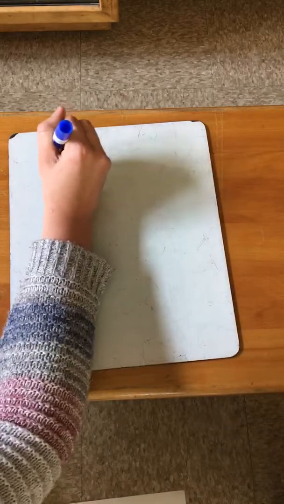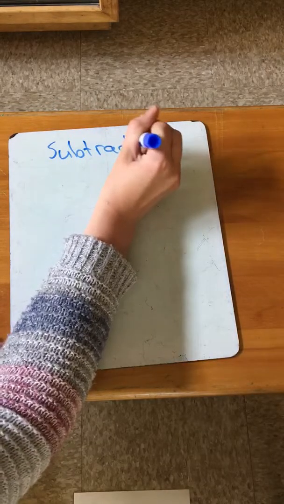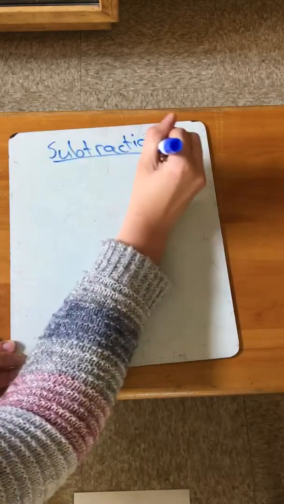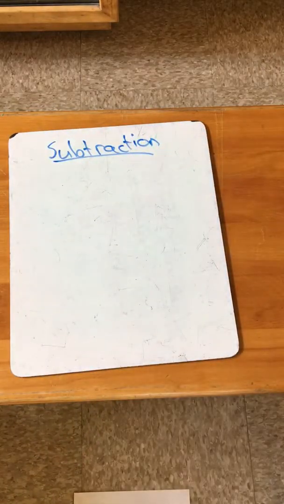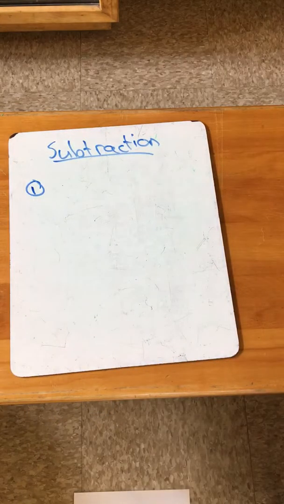Now let's take a look at subtraction. Subtraction isn't very different from addition, but there is one important step that you have to keep in mind. Let's start out with a simple expression to sort of get us started.